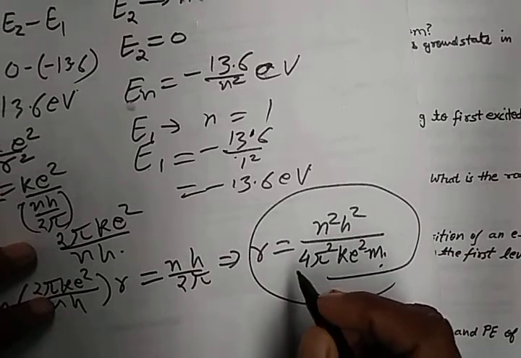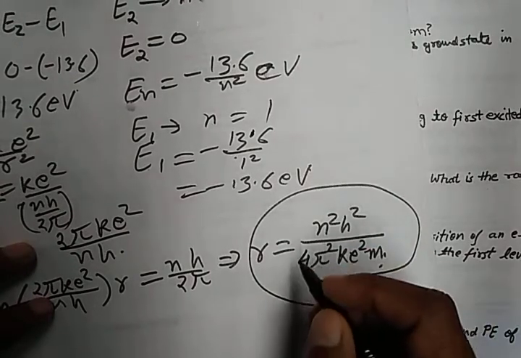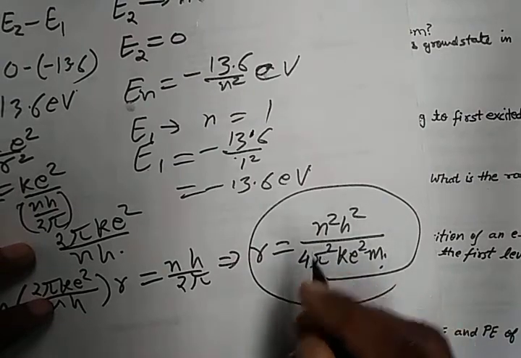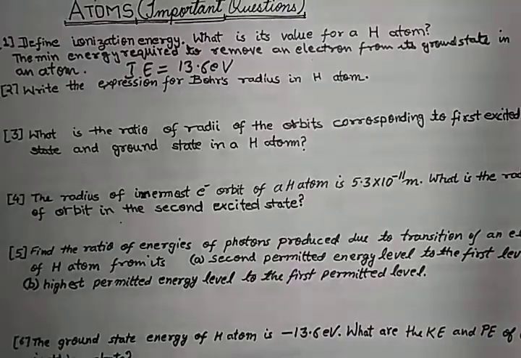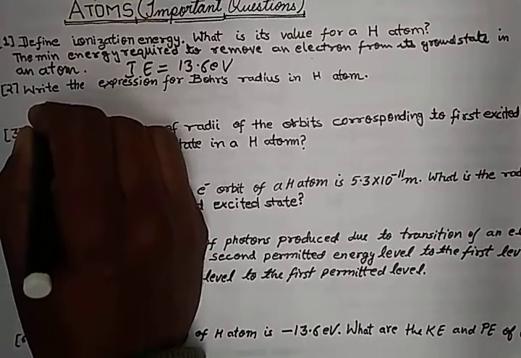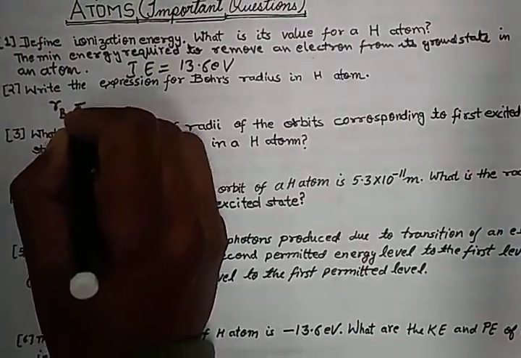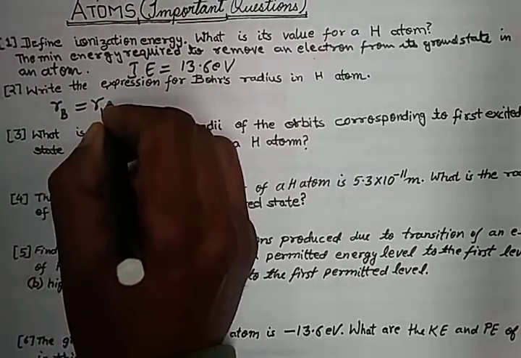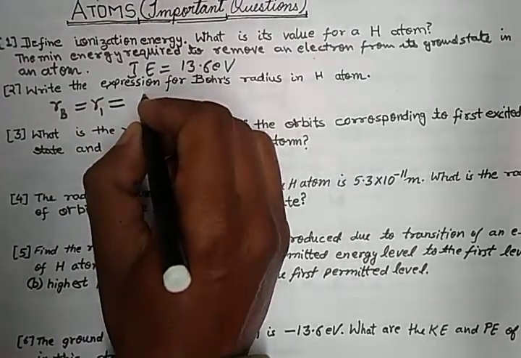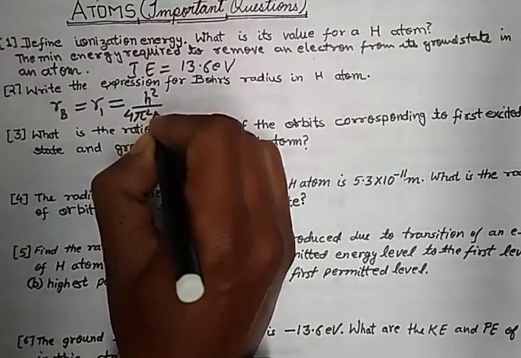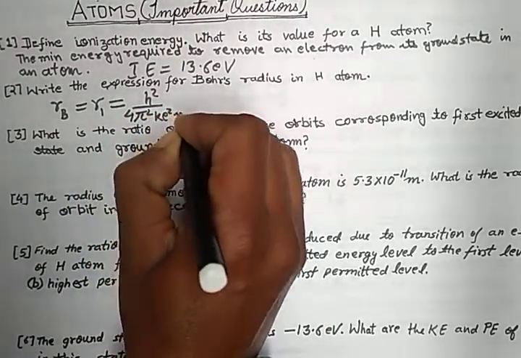So this is the relation, we can write it there. And Bohr radius means ground state radius, so put n equal to 1, so that will be the Bohr radius. So Bohr radius, answer is RB. Actually it is R1 for first energy level, so it is h square upon 4 pi square ke square m.